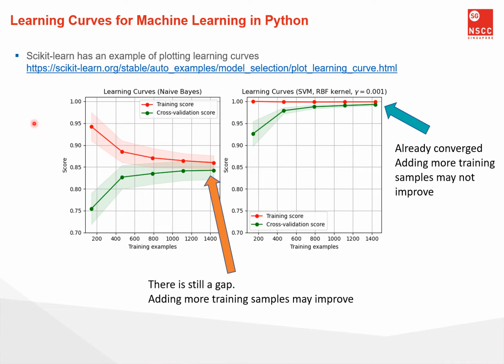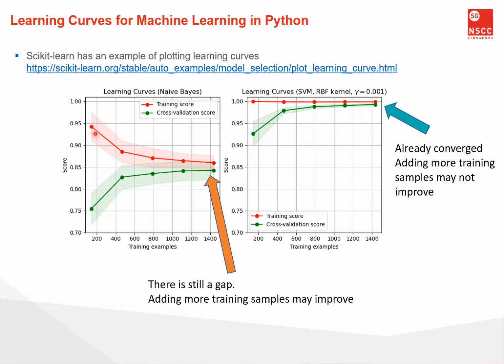Just to revisit and reiterate the previous points. At the very beginning, when we have a very low number of training samples, you can see that there's a big gap between the training score and the cross validation score. This indicates that the model is very overfitted because we do not have enough examples to generalize from the training data.